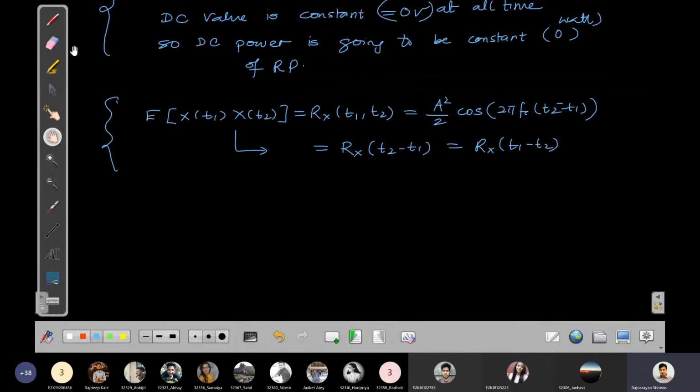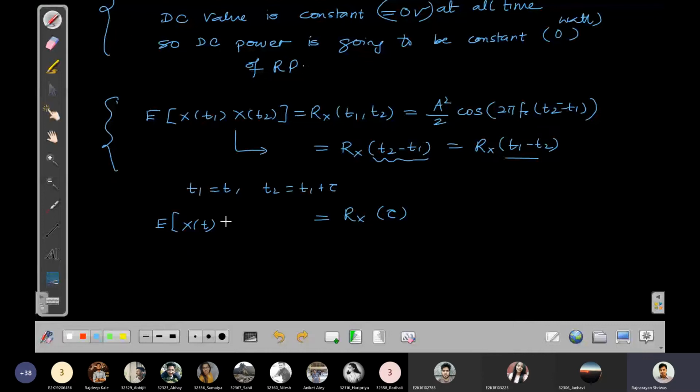So you can see that this is only the time difference, and if you choose t1 as t and t2 as t plus tau, you will simply get Rx as a function of the time difference, because t1 minus t2 or t2 minus t1 will simply be Rx tau. It is just a matter of notation; some books write it like this.